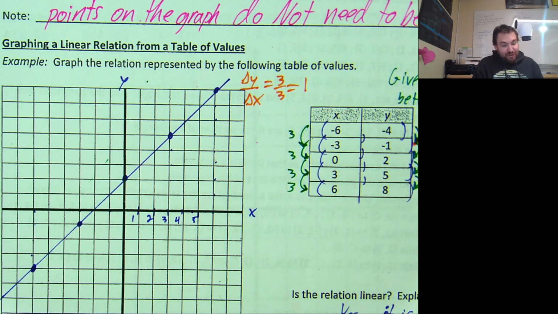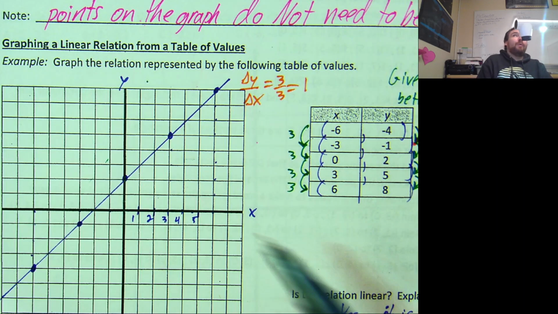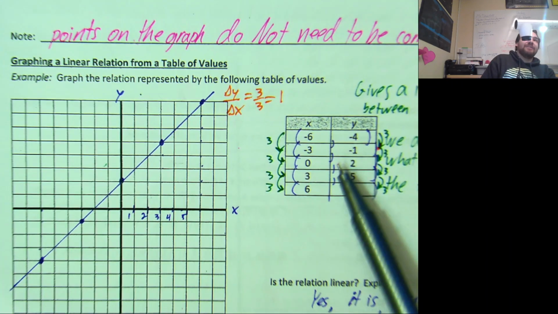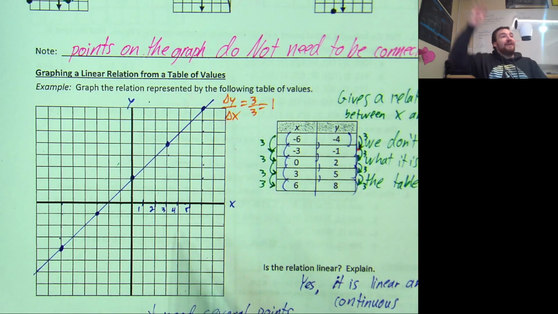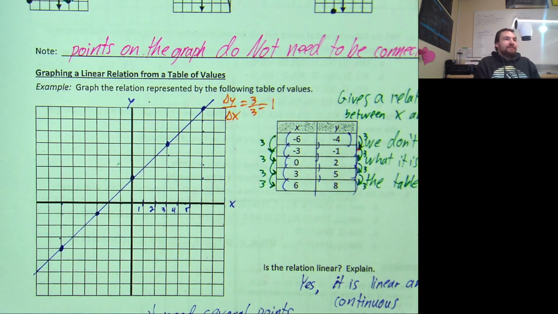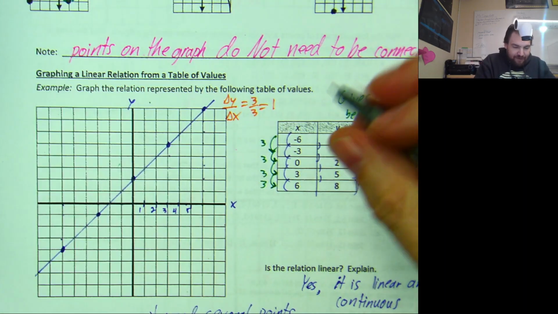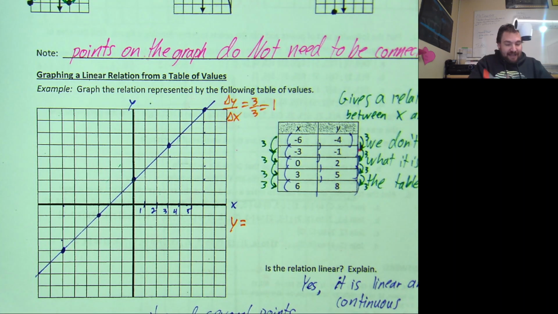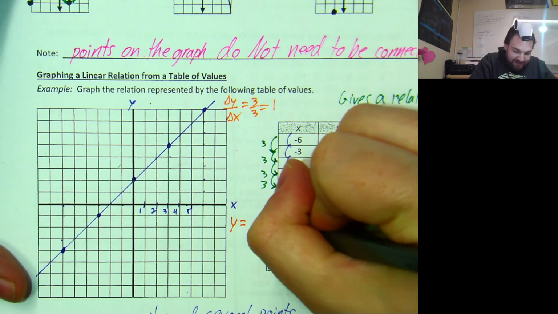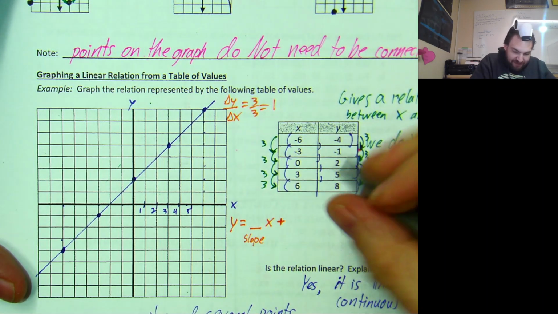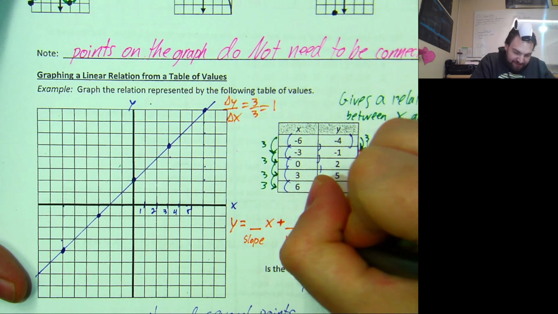We can even take this a step further. What's the equation of this line? In the very last example, we started with the equation, then we got the table of values, then the graph. Now we started with the table of values, and now we got the graph. What's the equation? y is going to equal the number in front of the x, which is the slope, plus the number that came next, my y-intercept.